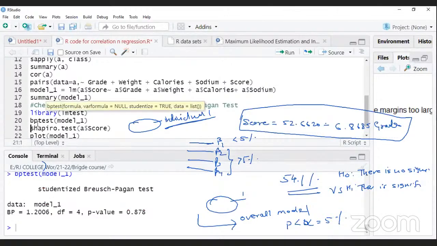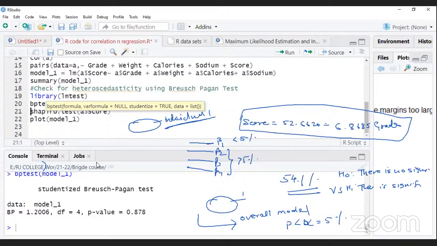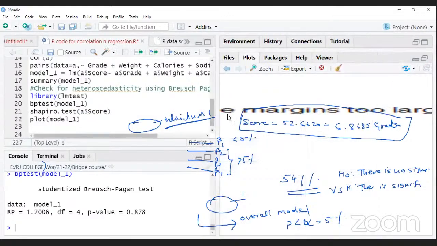Again, if you want to check whether the model is significant or not, one can also use the studentized Breusch-Pagan test. Then there are plots also. With the help of a plot, one can check whether heteroscedasticity is present in our data or not.